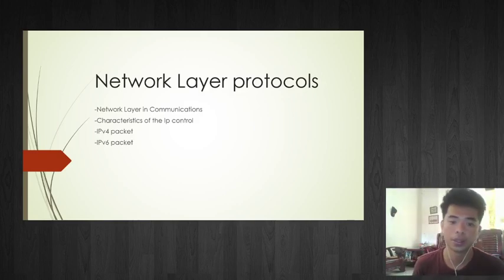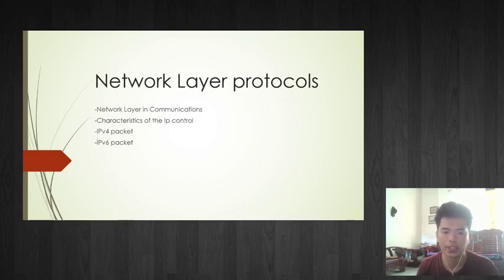foreseeable network demands. So IPv6 provides increased address space. IPv6 addresses are based on 128-bit hierarchical addressing as opposed to IPv4 with just 32 bits. It has improved packet handling. The IPv6 header has been simplified with fewer fields.